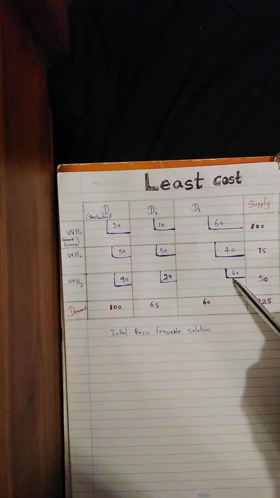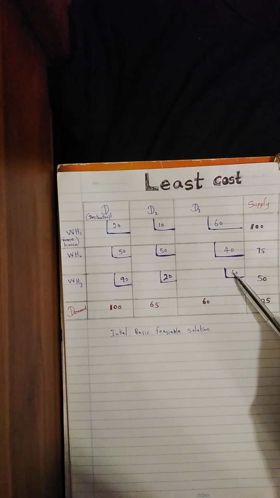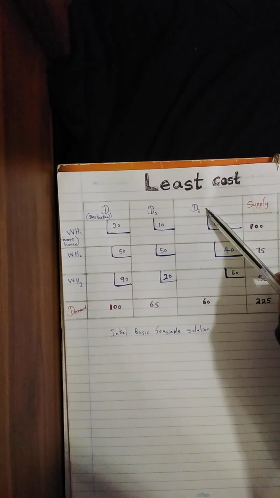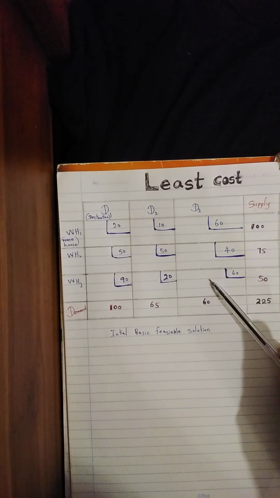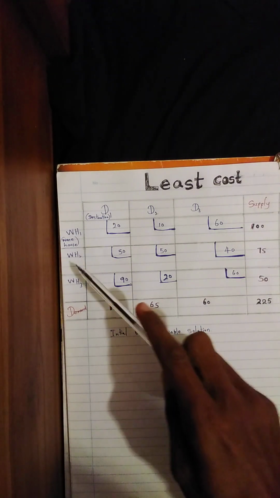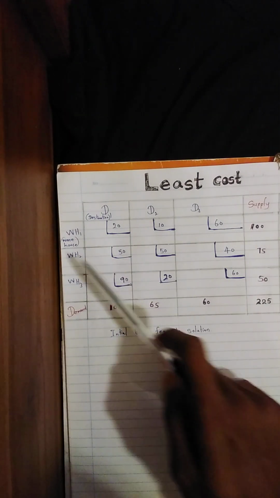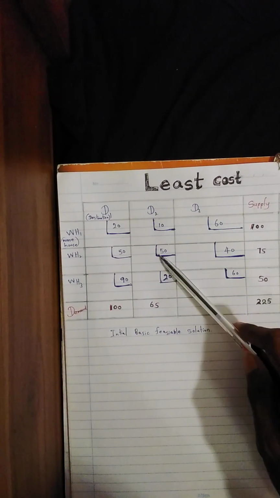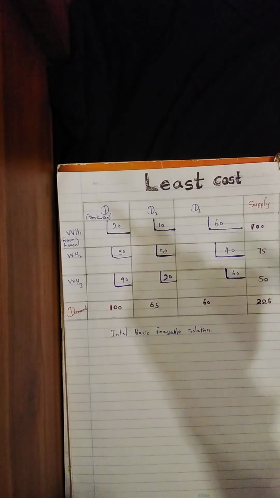Let's take another example. This 60 indicates the warehouse 3 to destination 3 transportation cost per unit. Remember, per unit price. Another example: this 50 is the warehouse 2 to destination 2 per unit transportation cost. I think you all got a better idea about that.